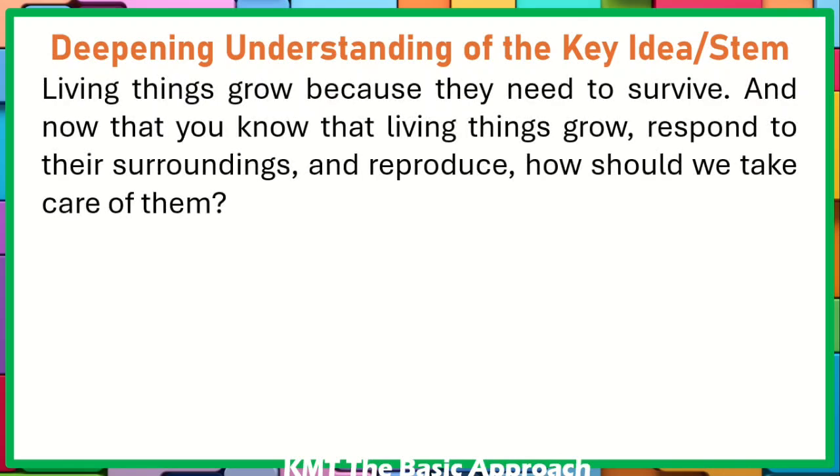Living things grow because they need to survive. And now that you know that living things grow, respond to their surroundings, and reproduce, how should we take care of them? Here are sample answers.